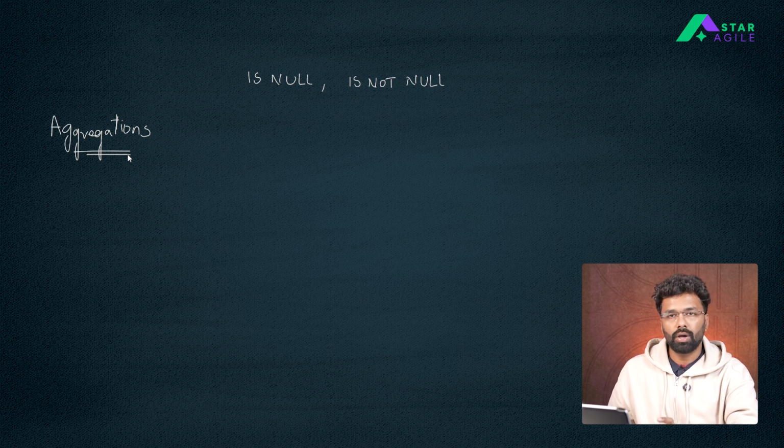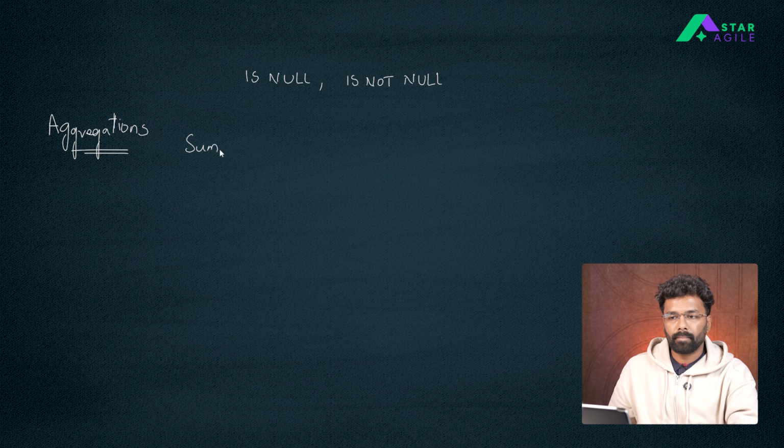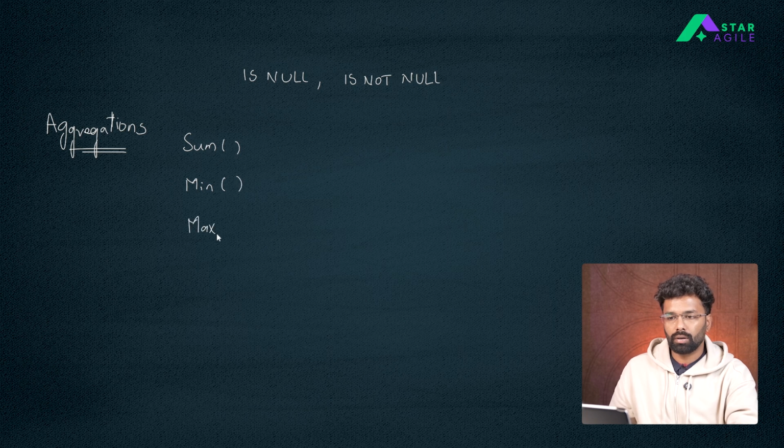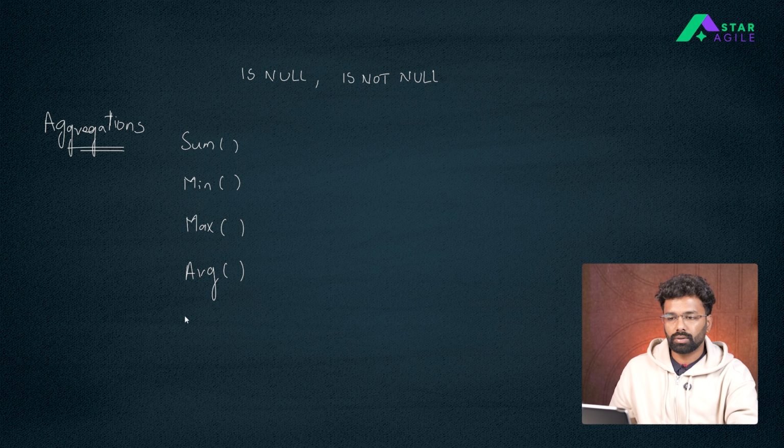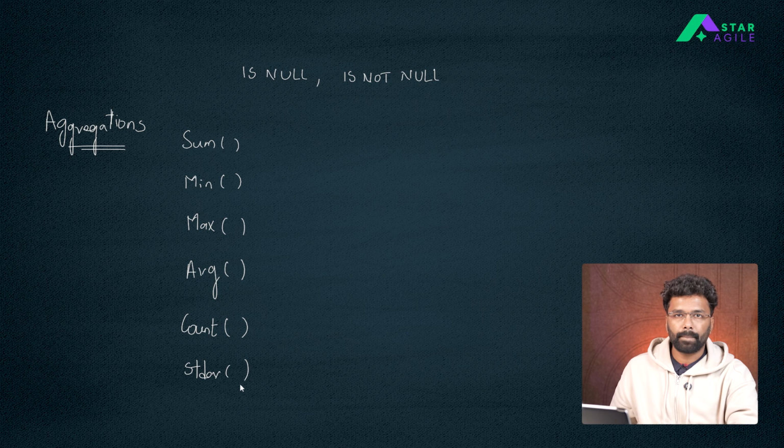Aggregation means a few arithmetic calculations, guys. The types of aggregations we have are sum, min, max, average, count, and standard deviation. This is an additional calculation.